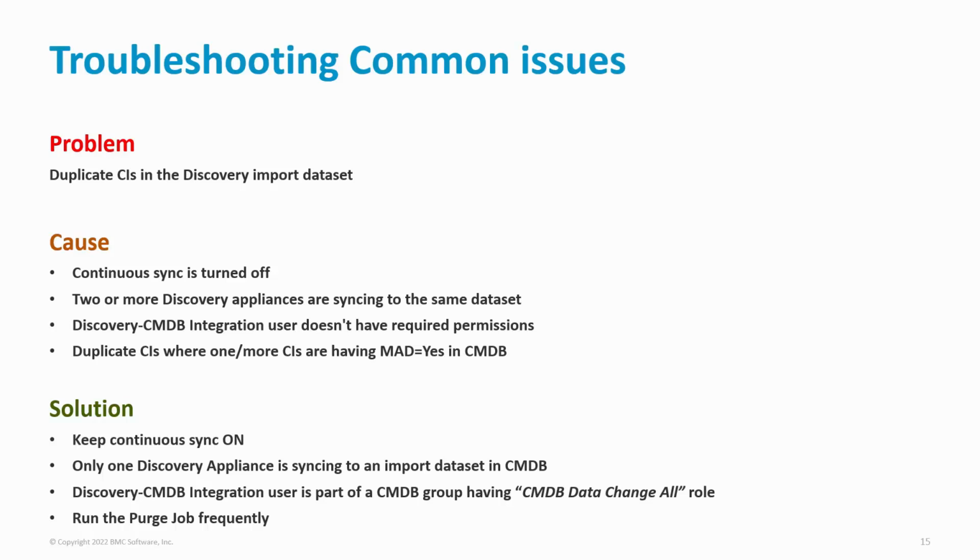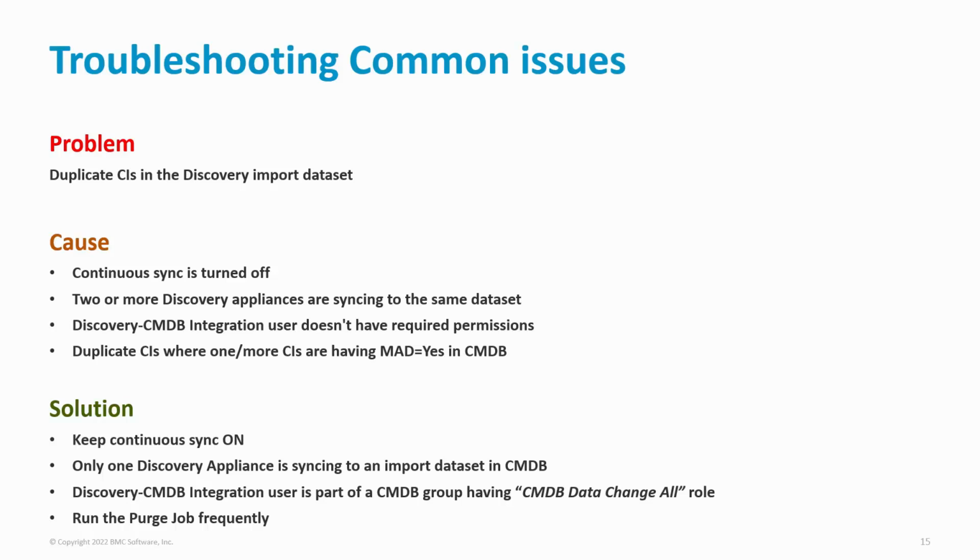And if the same CI is rediscovered in Discovery, Discovery might create a new CI in CMDB. So you will end up with two identical CIs, one from the previous sync and one from the sync that happened after the CI has been rediscovered in Discovery.